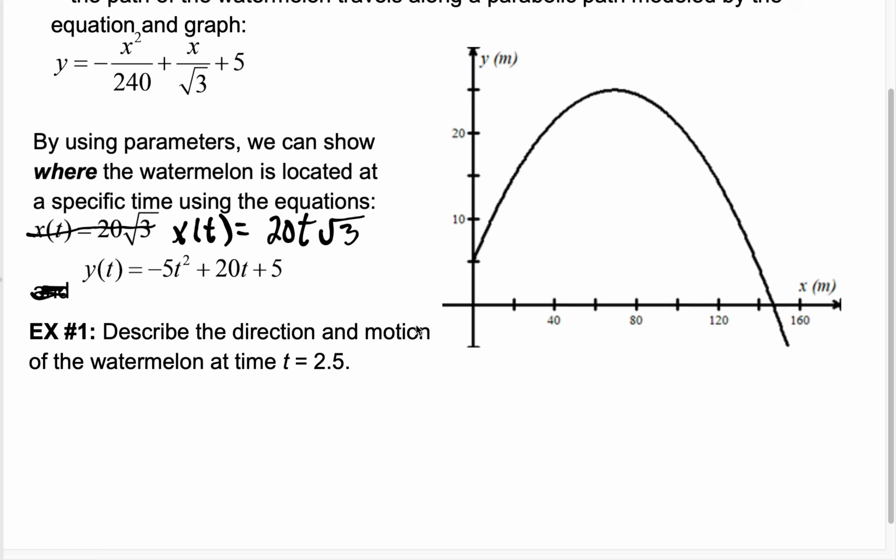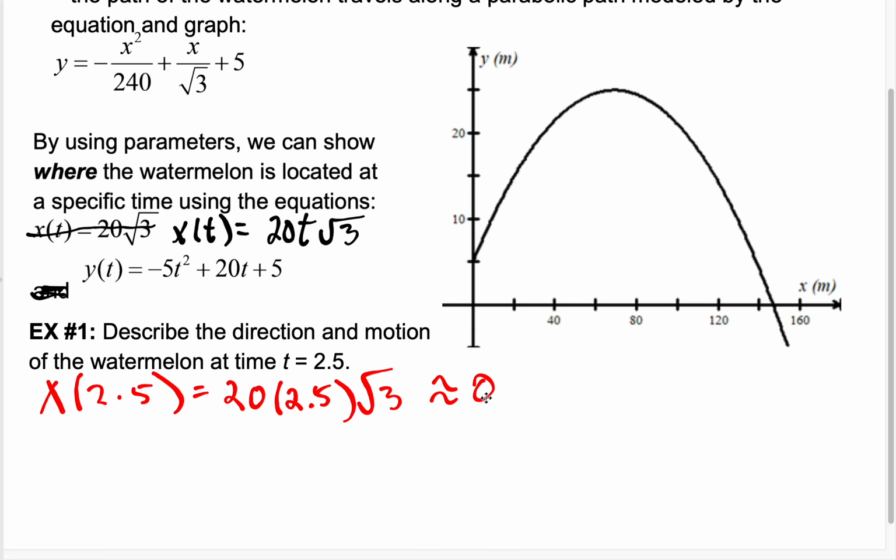All right, so here's what we're going to do. We are going to take our two parametric equations, and I'm going to plug in 2.5 for t. So 20 times 2.5 times root 3. If you multiply all that together, that's approximately 86.603, because I'm going to have to round.